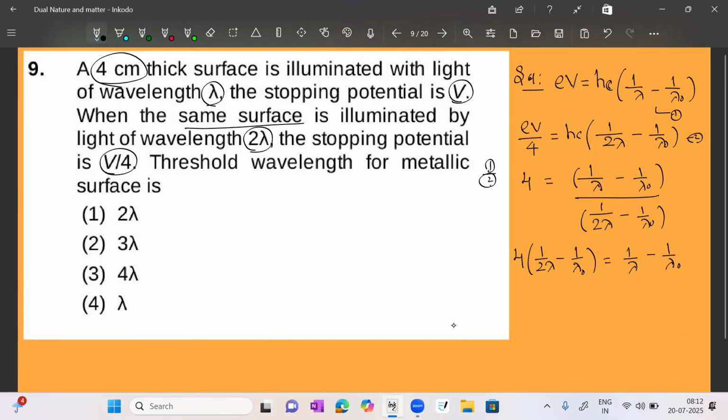Now it becomes 2 by lambda minus 4 by lambda naught equals 1 by lambda minus 1 by lambda naught. Take the lambda naught terms to one side and the rest of the terms to the other side. Then we get lambda naught equals 3 lambda.